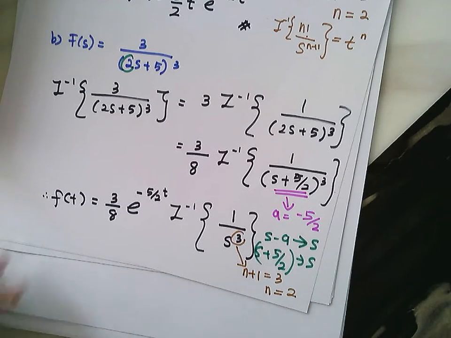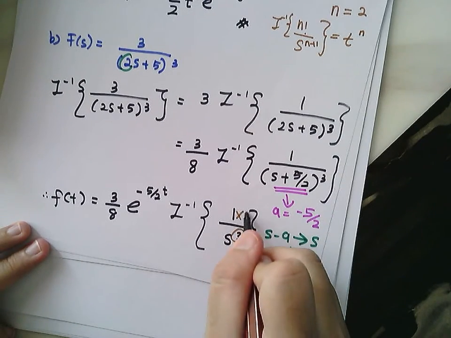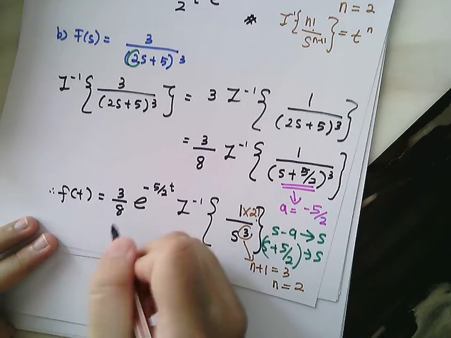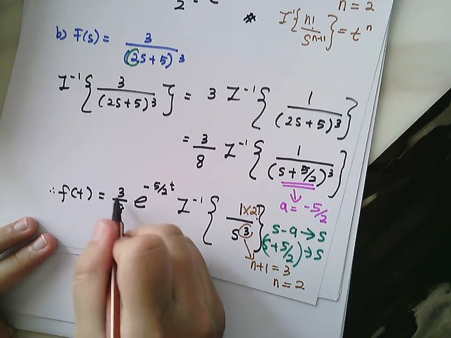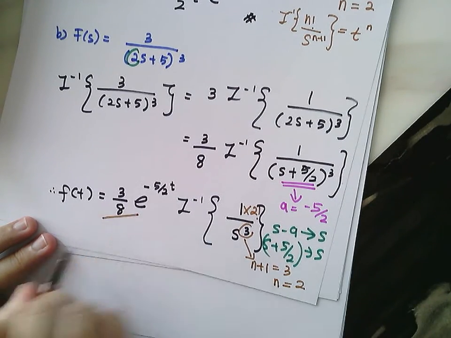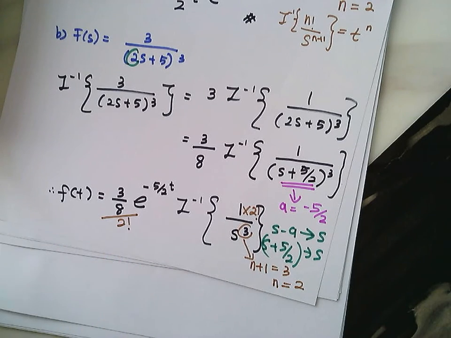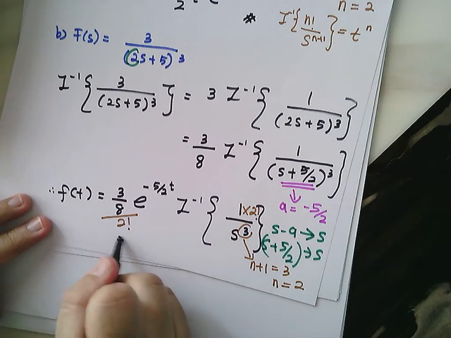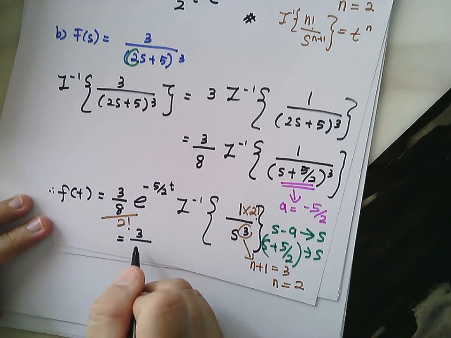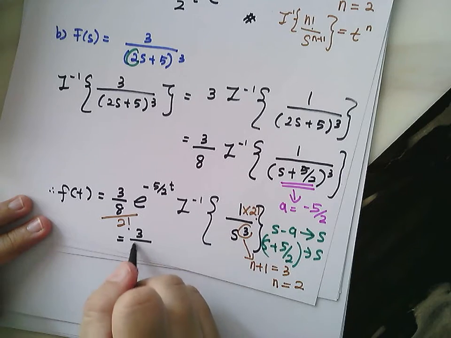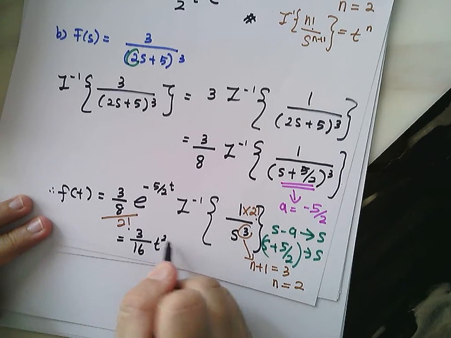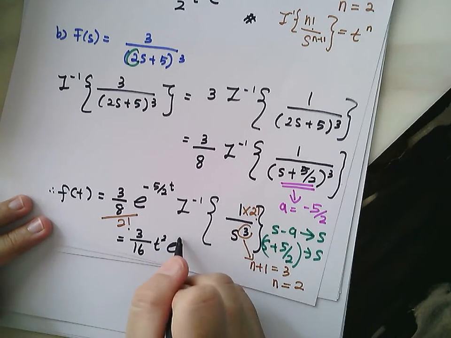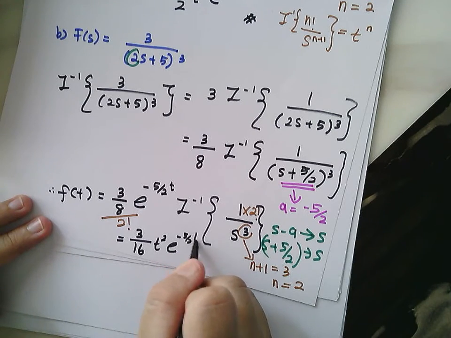So supposedly you have to multiply by 2 factorial, and the whole expression here, 3 over 8, needs to be divided by 2 factorial. Okay, so therefore your answer will be 3 over 16 t squared exponent negative 5 over 2t.